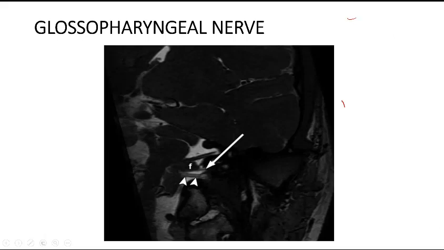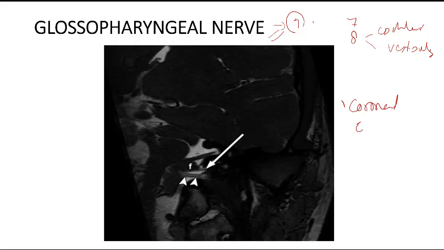So till now we discussed the 7th cranial nerve and the 8th cranial nerve, with both components, the cochlear nerve and the vestibular nerve. Now we will be discussing the glossopharyngeal nerve, which is our 9th nerve. This is a coronal oblique SSFP MR image sequence, 0.8 mm thick section.